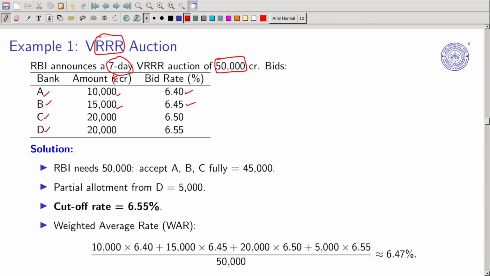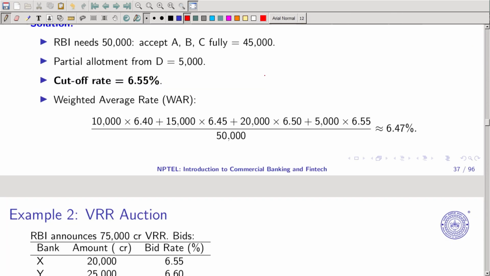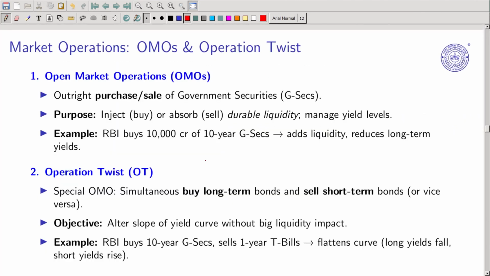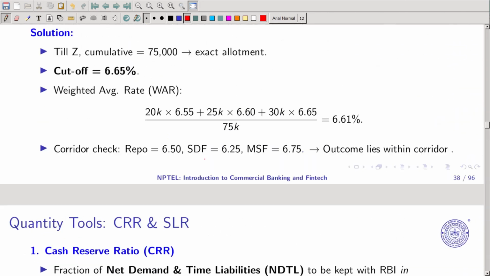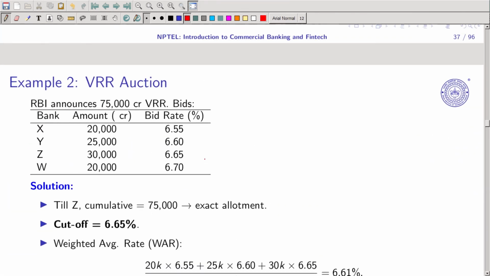Now, you can see bank C is quoting 6.50 and bank D 6.55. Based on these bids, since the auction amount is 50,000, A will be getting 10,000 easily, plus B will be getting 15,000 easily.